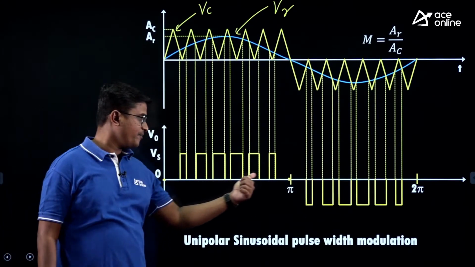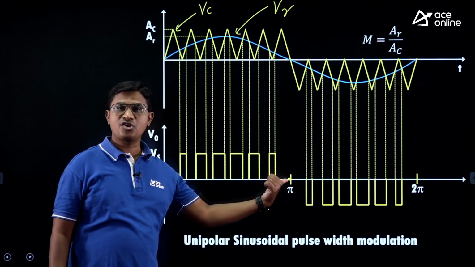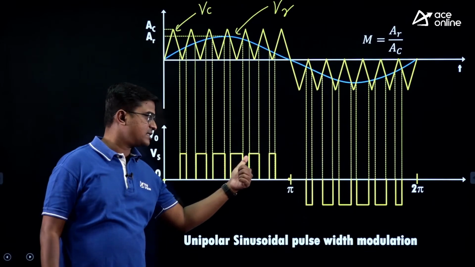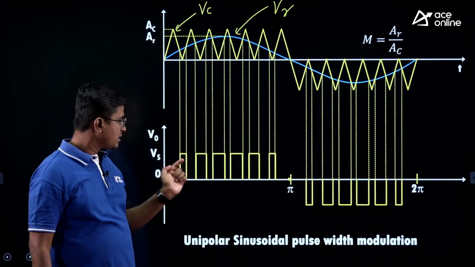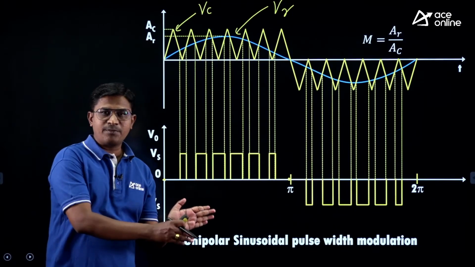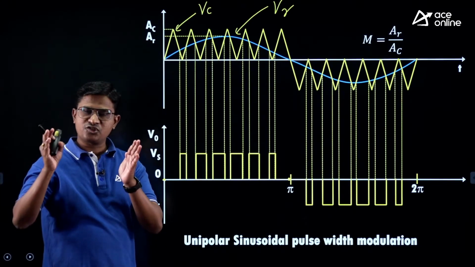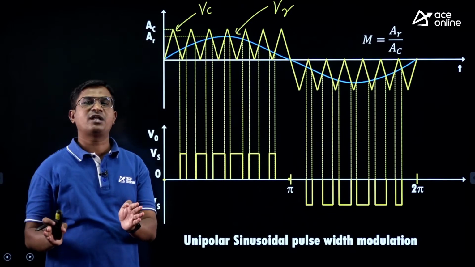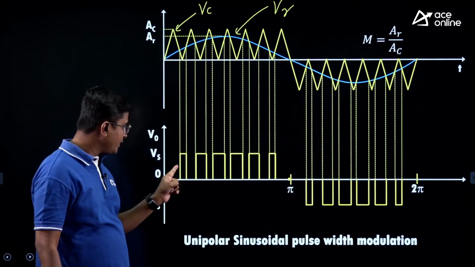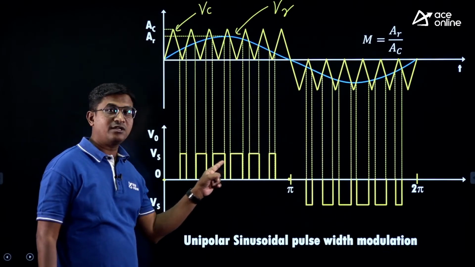Check 0 to pi: my inverter positive half cycle completes, but in that I am getting multiple number of pulses. But you can observe here the width of each pulse is not the same. In multiple PWM, there also we got multiple number of pulses per half cycle, but the width of each pulse was the same. But here the width of each pulse is not equal, it is different.